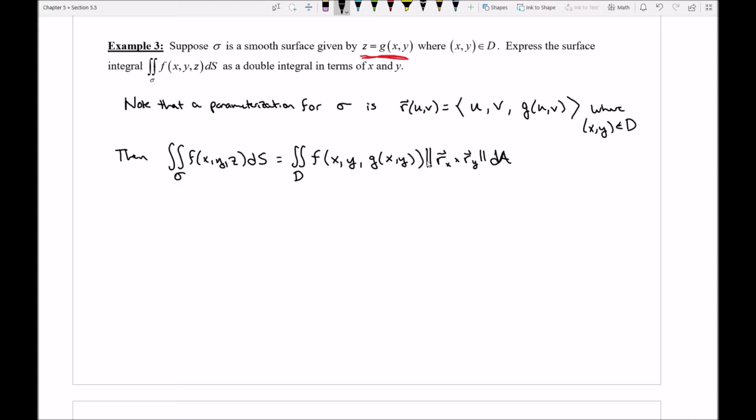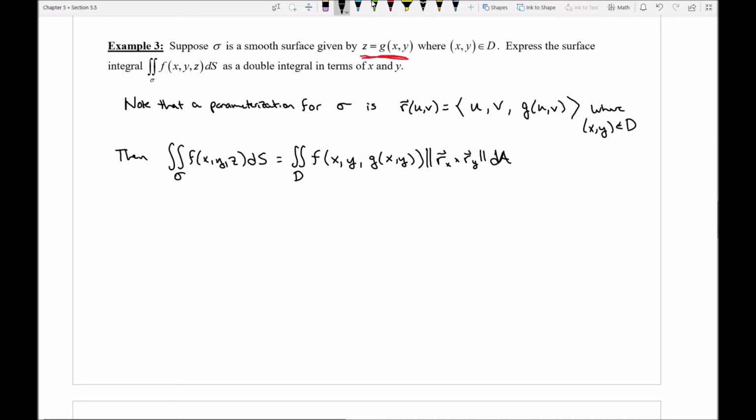The reason I'm writing everything here in terms of x's and y's as opposed to u's and v's is because then I can actually use the region D, which is measured on x and y values. So once I have this, I could easily begin to update this by finding this cross product. So let's take a look at what we actually have here.